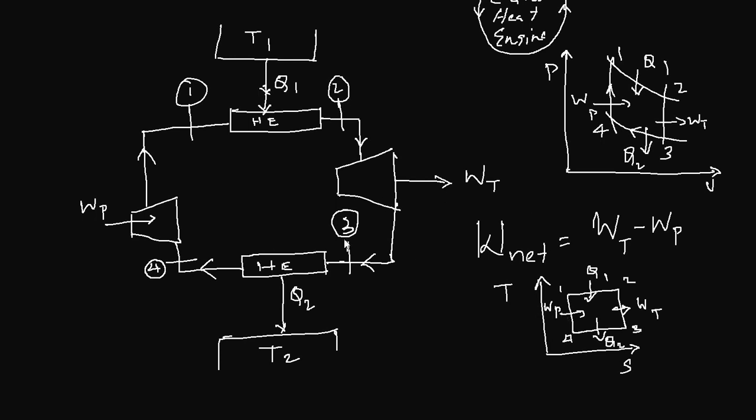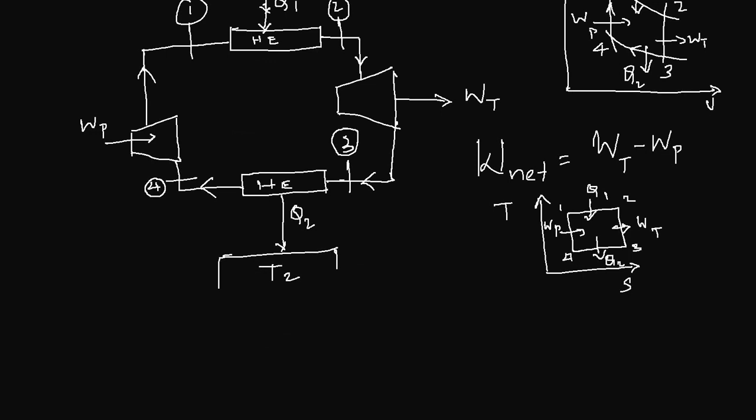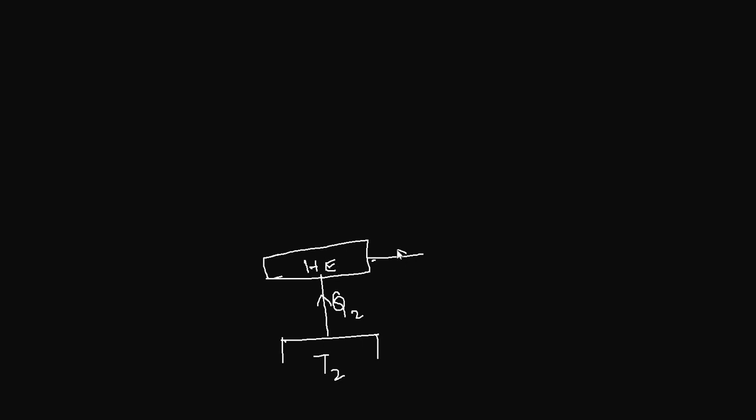Now what if we reverse this heat engine? Let's see what happens if we reverse the Carnot engine. All the processes will reverse. So you have your low temperature heat reservoir, and a lower amount of heat is taken from this to the heat exchanger, and the flow will be reversed as well.